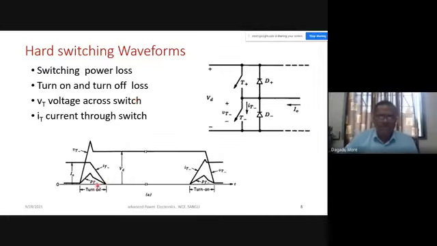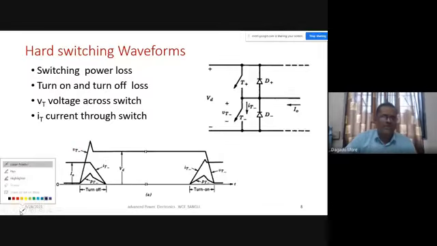But while switching, let us consider this diagram particularly. Let us assume that first the switch is off. Take any switch.